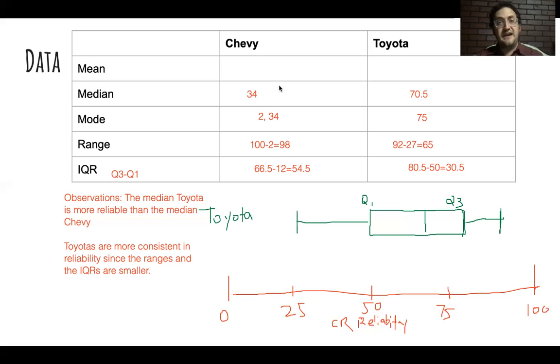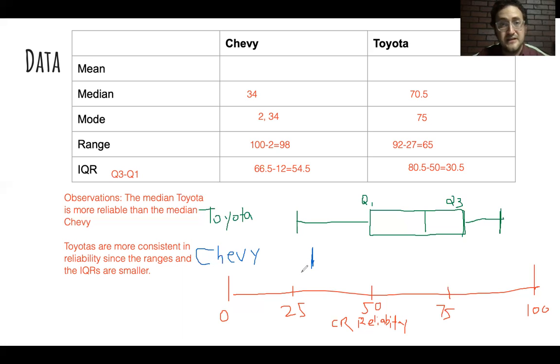And then we might look at Chevrolet. So maybe for Chevy, we'll do a blue. And we see that the minimum is a pathetic 2, but their median reliability is down at a 34. It's not very good.